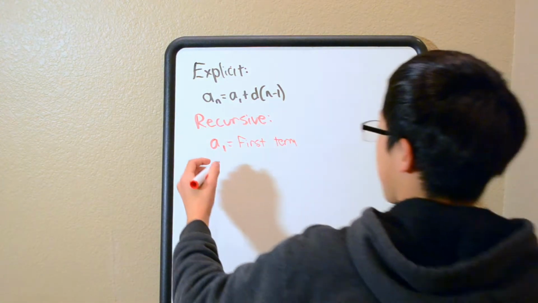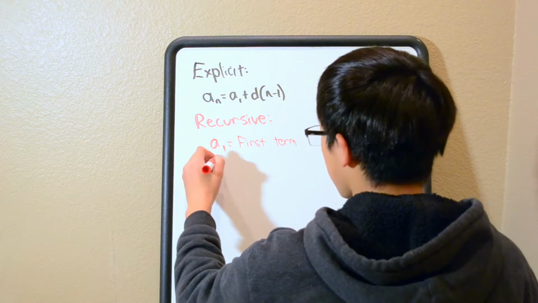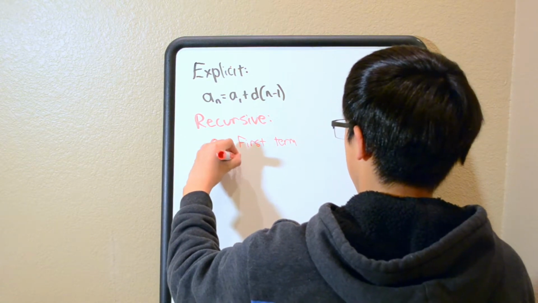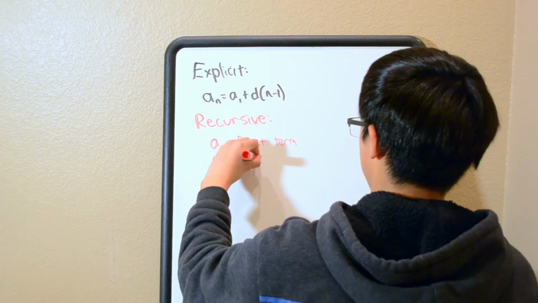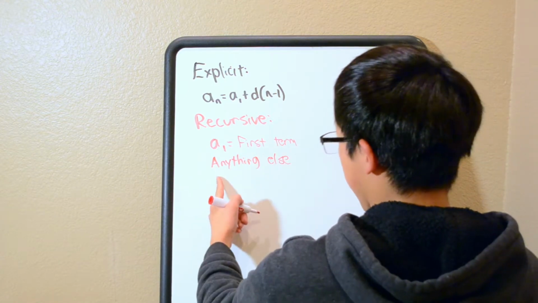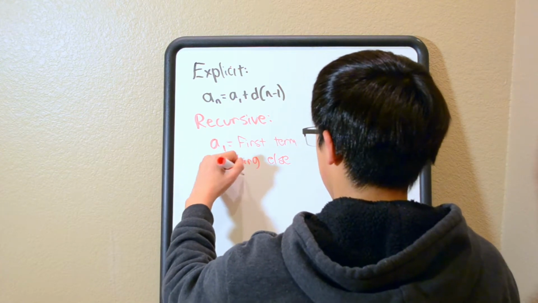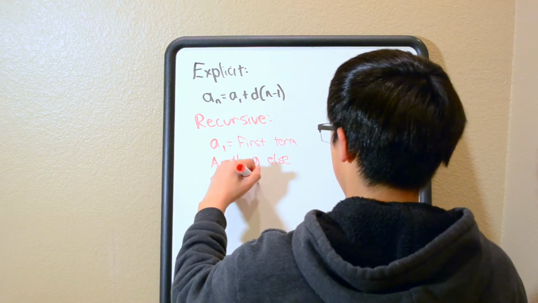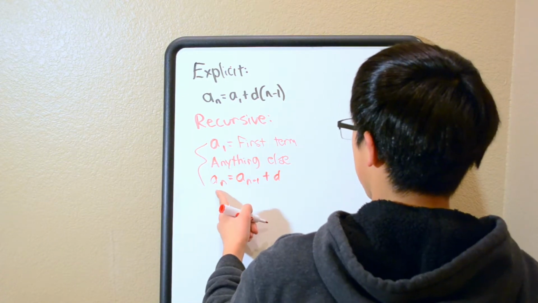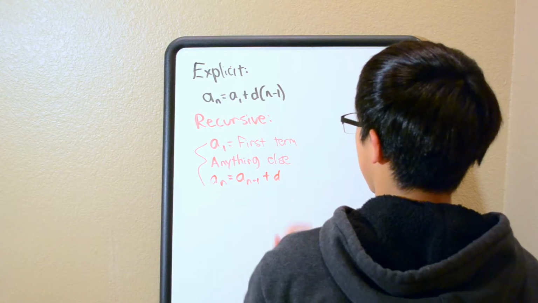And then, if there's anything else, you define it here. And then, after, a sub n is equal to a sub n minus 1 plus d. So, in order to find terms, you have to solve for the previous terms when you're using the recursive formula.